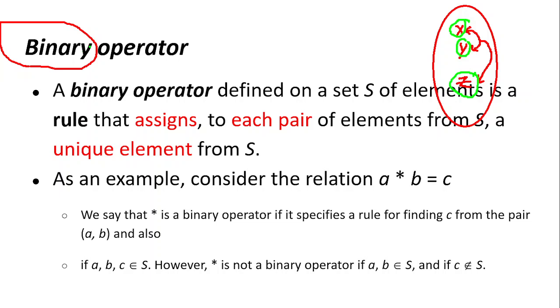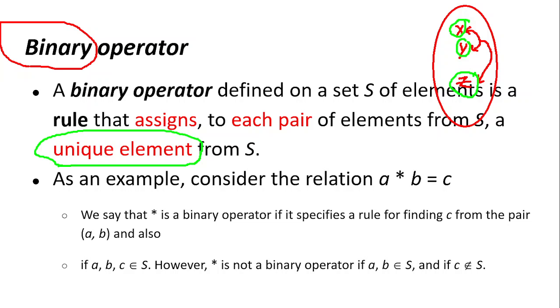And one other important thing, like what we have seen in the functions, is that the operation must take you to a unique element. That's a very important thing. Now we are all familiar with the functions, that's why I'm not stressing much on it. So when you apply a binary operator on 2 elements, you must get a unique element that must belong to the same set.